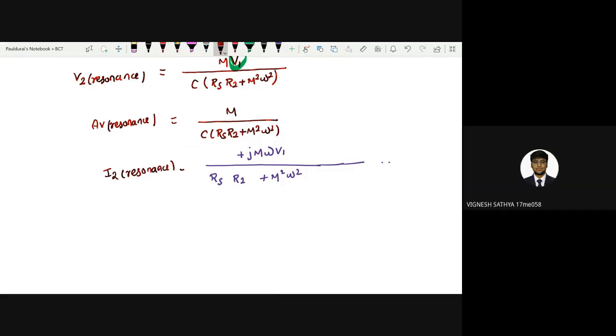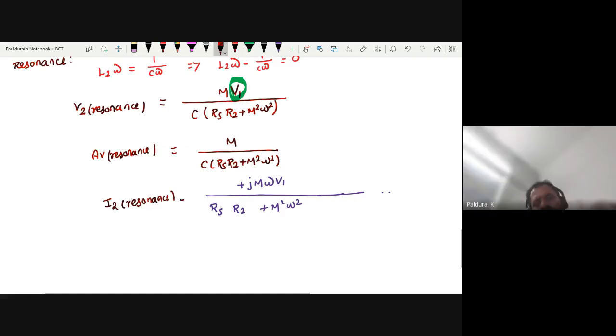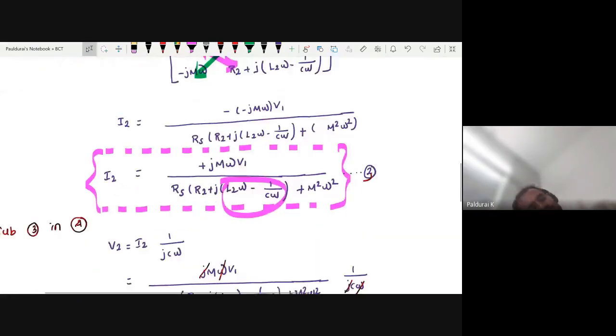Sir, just a minute, regarding that resonance condition above. At resonance, it's very simple: the reactance offered by the inductor and by the capacitor will be cancelled, or otherwise both are equal, right?